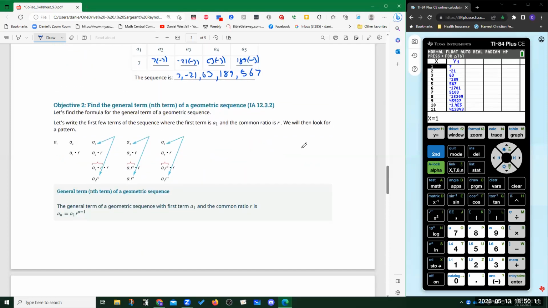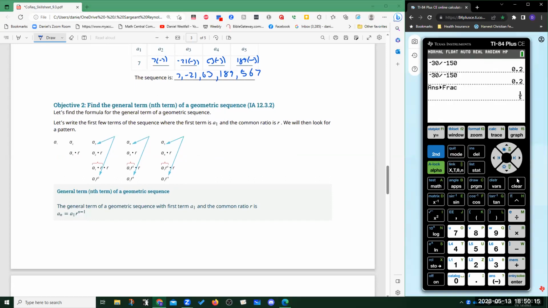So let's go ahead and talk about that formula that I just used in my calculator, which is that each time we're going to be multiplying by the common ratio again, so we can use an exponential form.